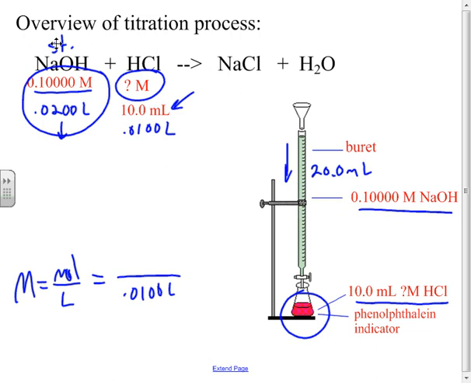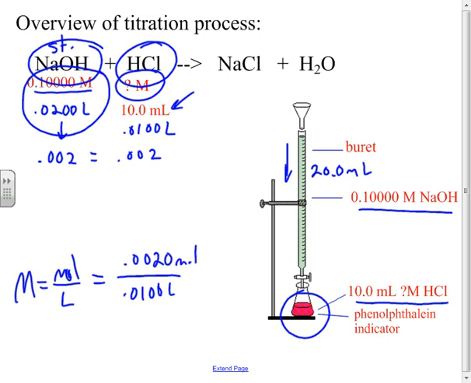So 0.1 times 0.02 is going to give me 0.002. And then if I look at the mole ratio, for every 1 mole of this, there's 1 mole of this, so that equals 0.002 moles of this. And so now I know how many moles of the acid were present, and I know the volume of the acid, so that then allows me to calculate the molarity, which would be a 0.20 molar solution.